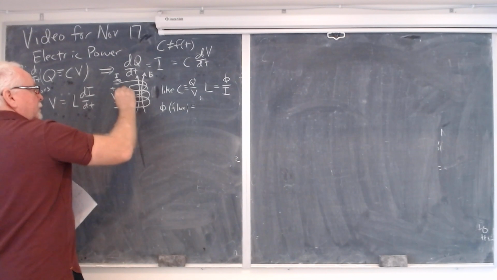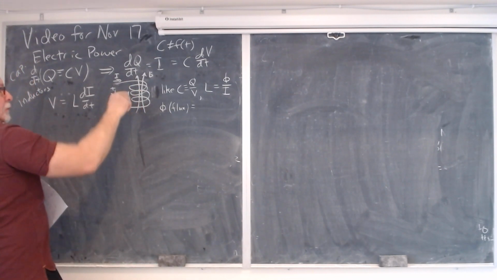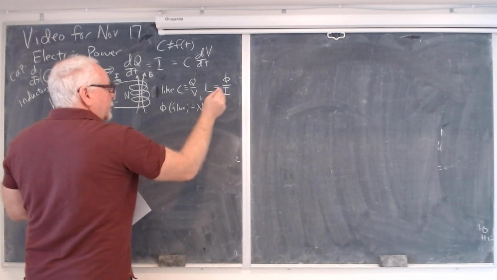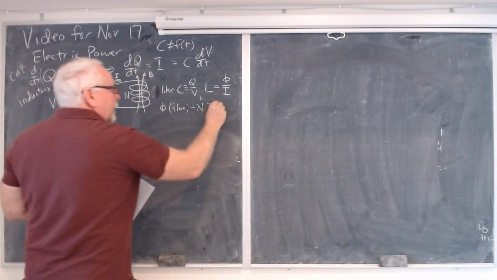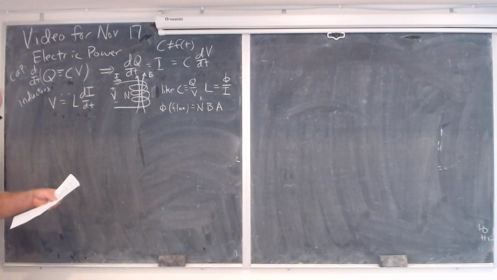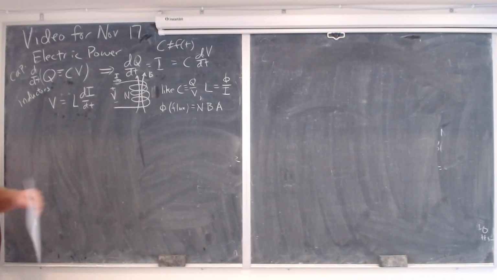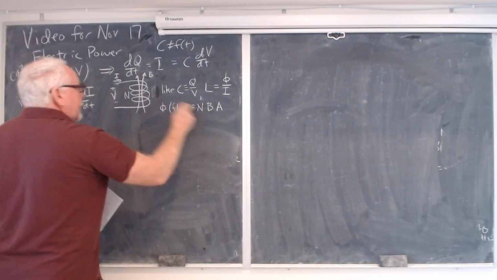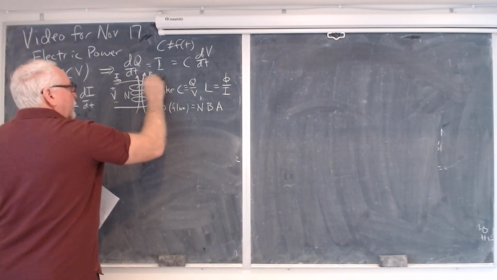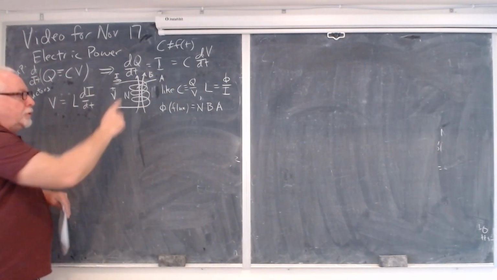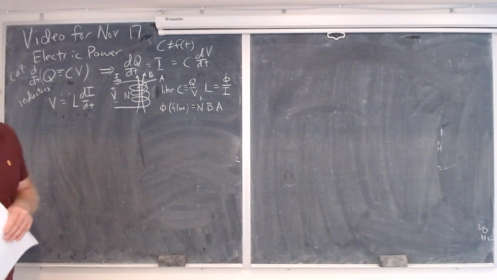So we have a number of turns N times B times, and I'm sorry to go back and forth between S and A for area, the area of one coil. So every time you go through a turn, you get one more magnetic flux, basically.